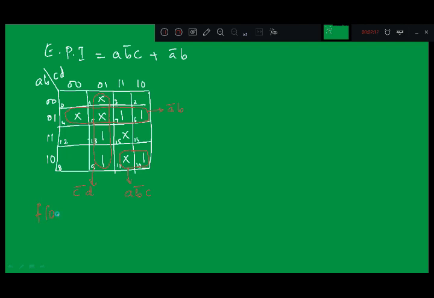It is f of A, B, C, D is equal to A bar B plus A B bar C plus C bar D, right?